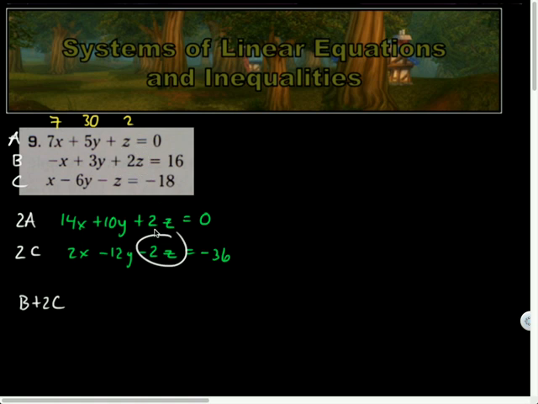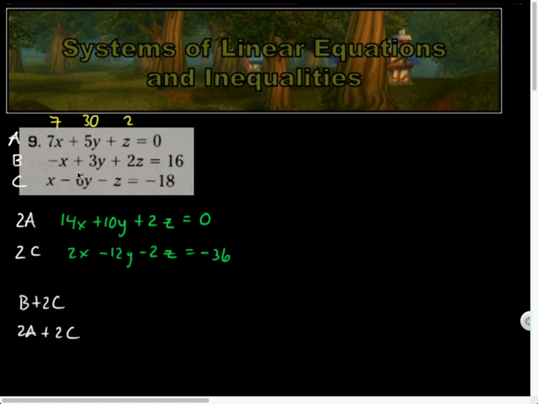And then what would I add to equation 2A to eliminate the z, right? So yeah, I'll do 2A plus 2C. Right, so I'm just kind of trying to outline my process in advance so I kind of know what I'm doing. So having some sort of labeling mechanism is really important for this, because otherwise you'll have no idea where the work is coming from, and it'll take a lot of trial and error to figure it out.